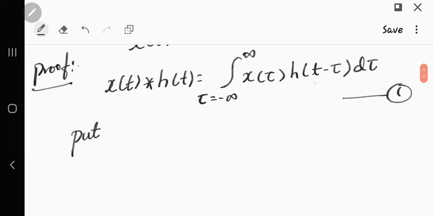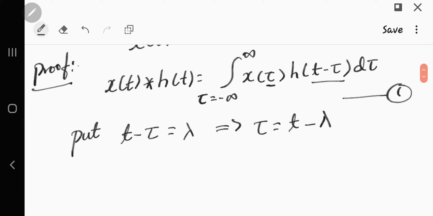Now I will replace this t minus tau with some other variable. Put t minus tau equal to lambda. Then I have to replace tau with the respective variable, so tau will be equal to t minus lambda, and d tau will be equal to minus d lambda.